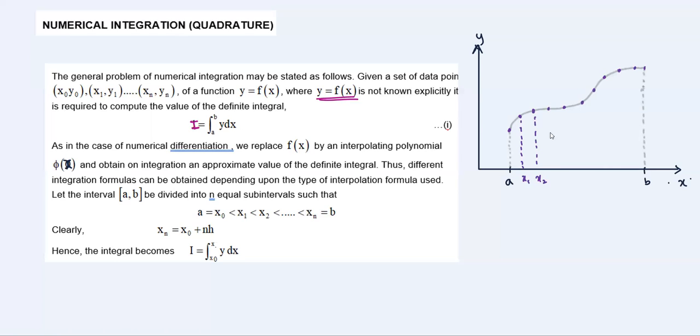This is x2. This is x3, and so on. This is xn minus 1. And this is xn. B is xn, let us say. So we start with this.